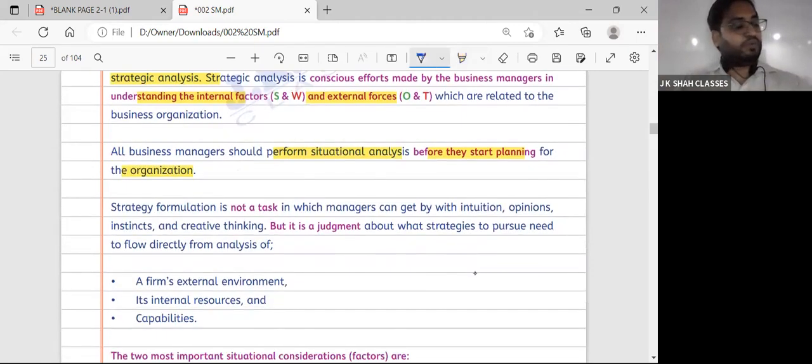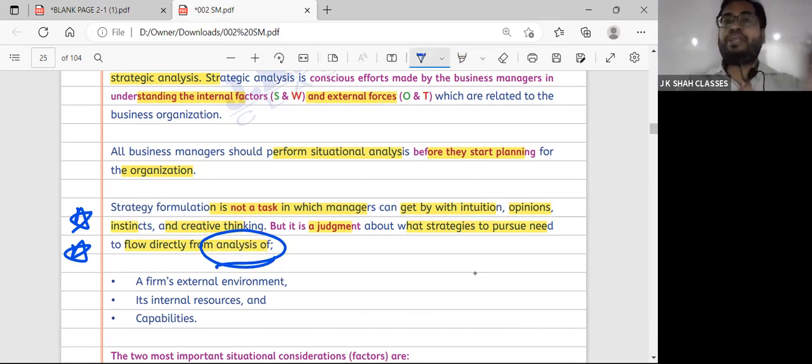This point is very important. Examiners are looking for this sentence, this paragraph. Strategy formulation is not a task in which managers can get by with intuition, opinion, instincts, and creative thinking. But it is judgment about what strategies to pursue need to directly flow from analysis.